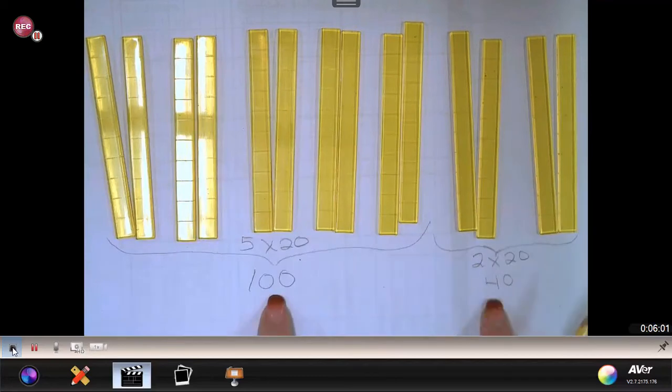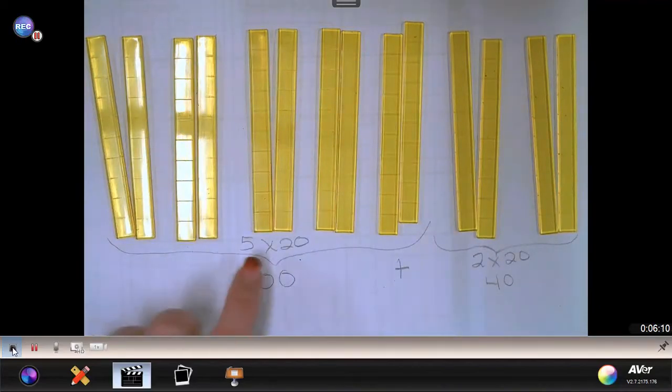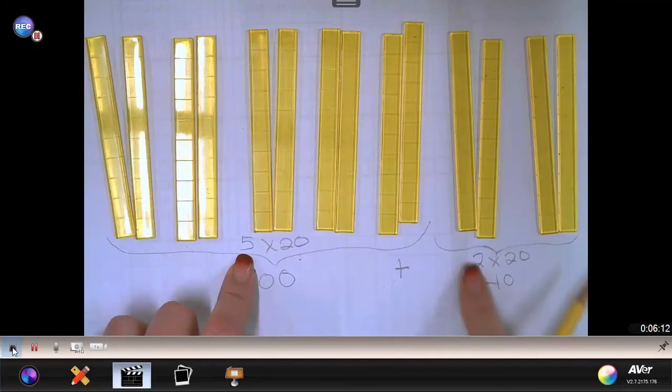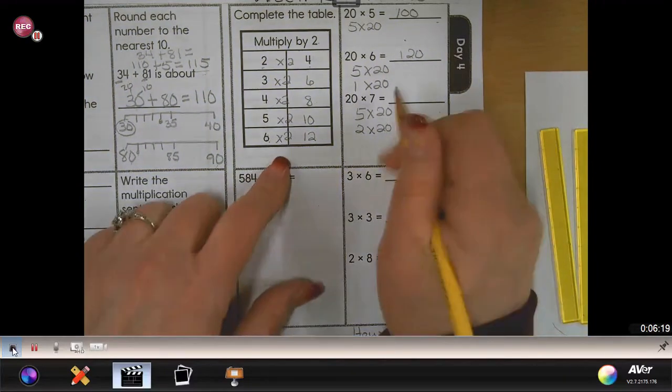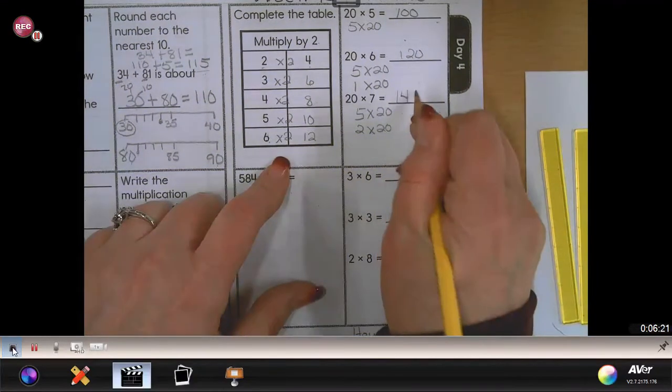And 100 and 40 together makes 140. So basically, I'm still using the idea of the distributive property. I'm starting with something I already know and adding on to that. So now I know that 7 groups of 20 is going to be 140.